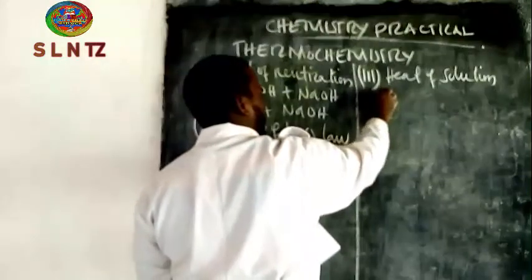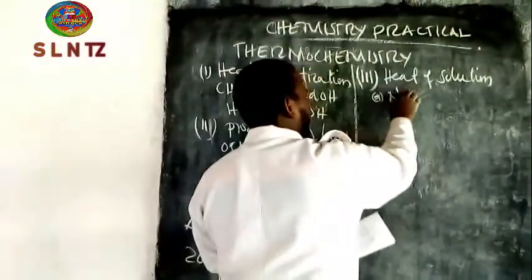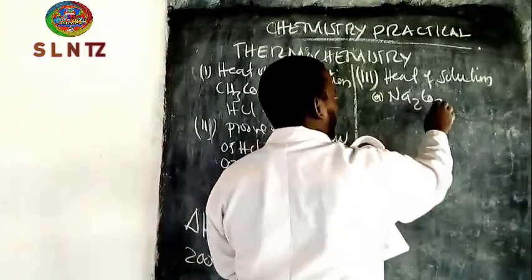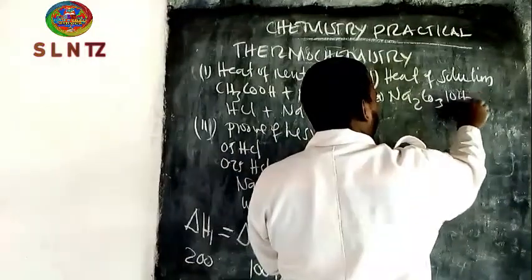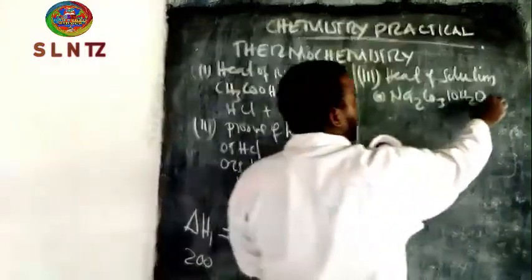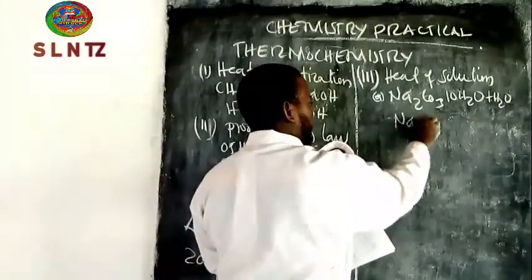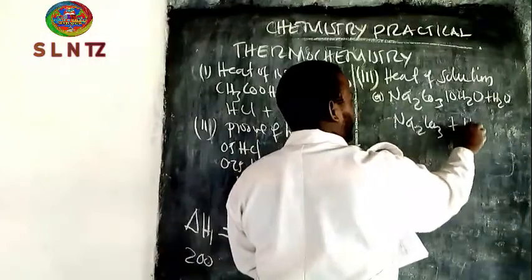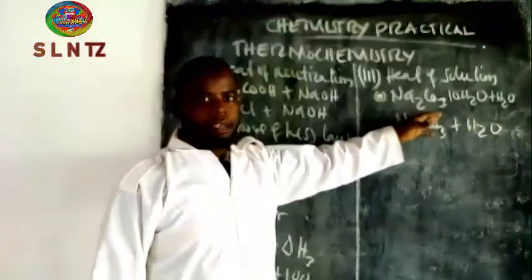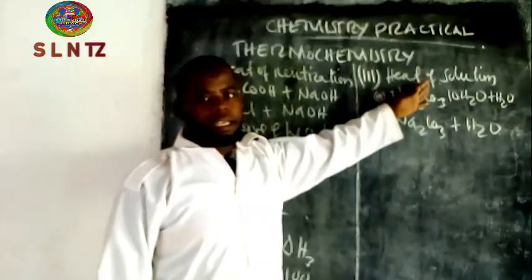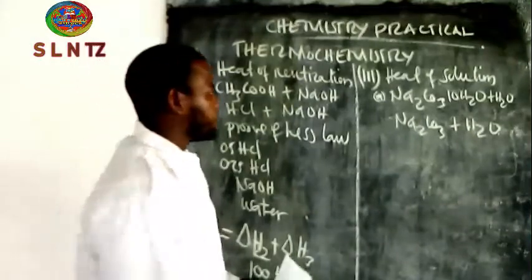One, or we can say A, there is carbonate plus water, and another one plus water. It means anhydrous with water and hydrated with water. Then you find the heat of solution.